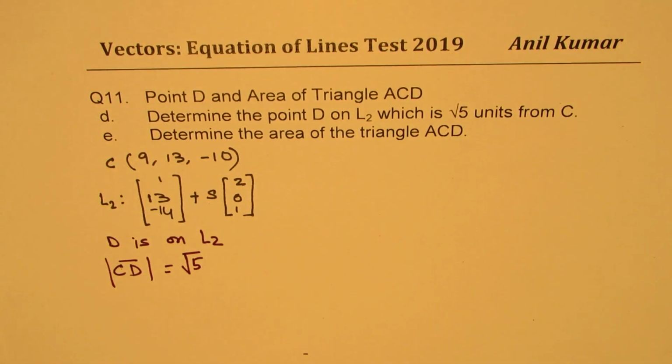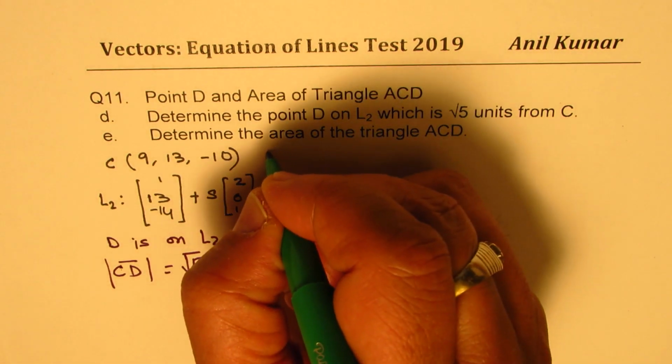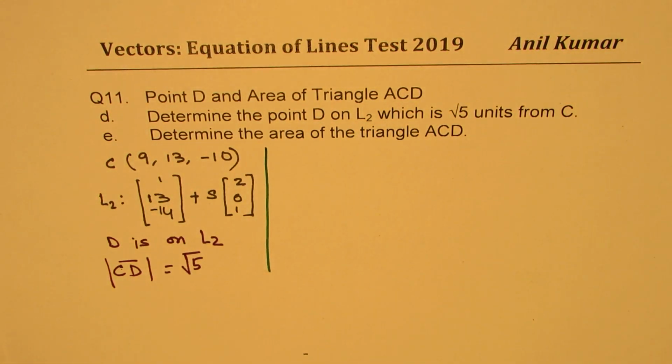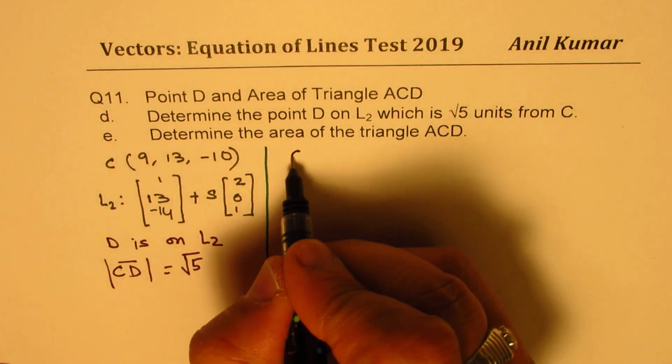That is the question for you. We also have part E where we'll find the area of triangle ACD. So let's do the first part. Let's first find the vector CD, from C to D.